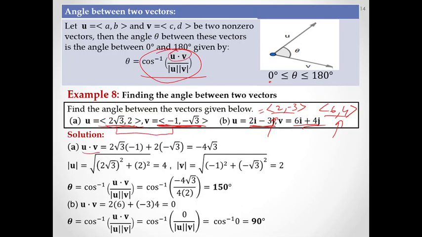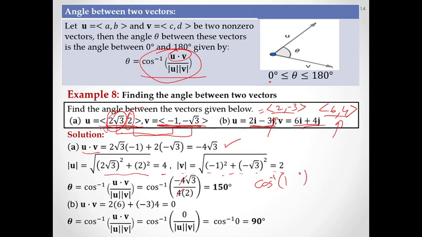You multiply the x components and y components and add them. And the norm of u, we know, is to take the squares, add them, and take the square root. Calculate, and you will get cosine inverse of negative square root of 3 over 2.